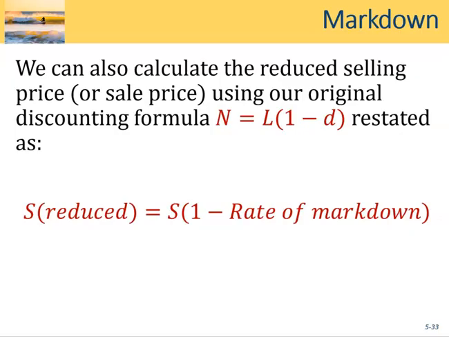Changing it a little bit because the situation has changed, instead of the list price and the net price, we're looking at a reduced selling price. So the reduced selling price equals the selling price multiplied by 1 minus the rate or the percentage of markdown, or the discount. It's the same formula, just looking at it a little differently depending on the situation of the merchant.